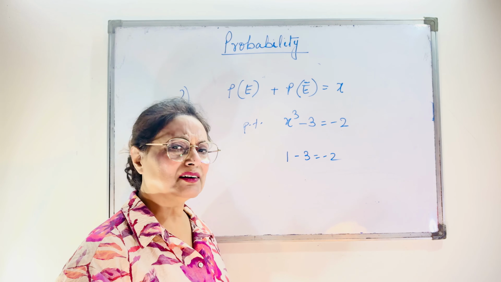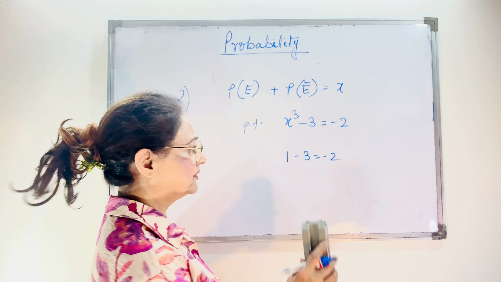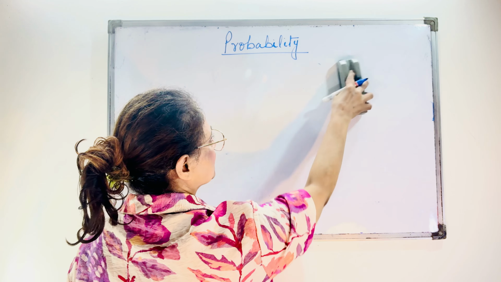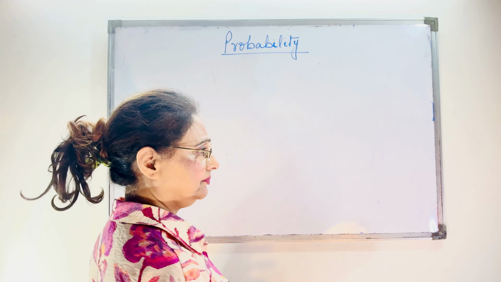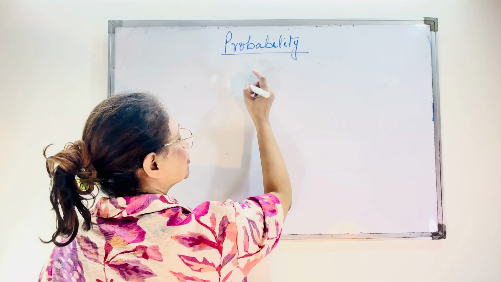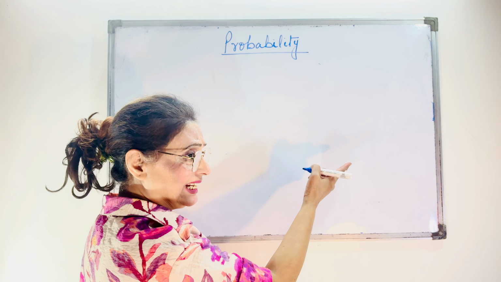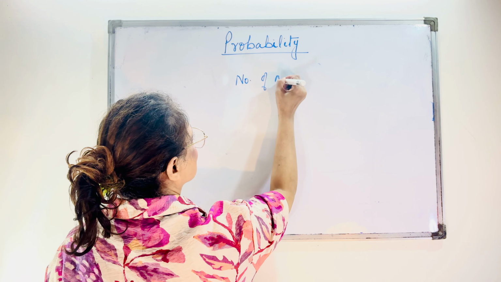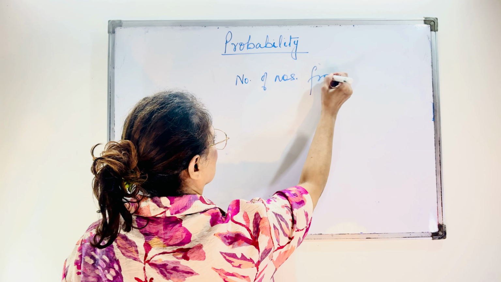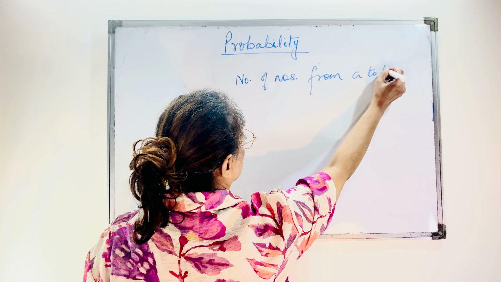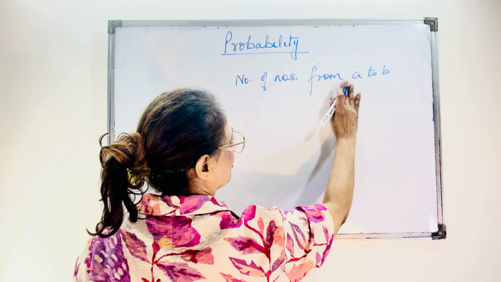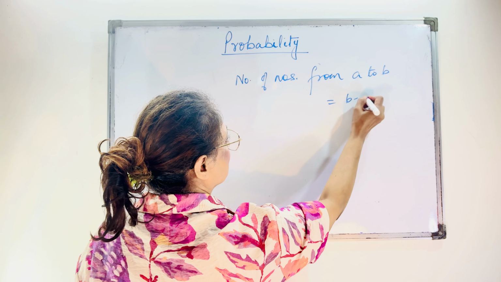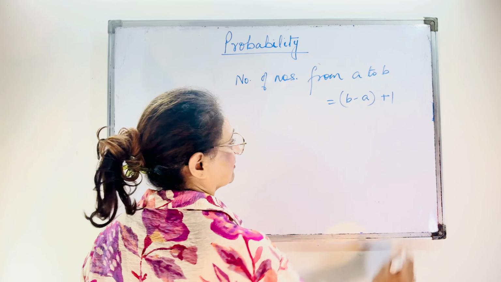Questions on probability will be simple, just use logic or write down the sample spaces and all. Here one thing: the number of numbers from A to B, including, right, from A to B means A and B are included, will be B minus A plus 1.